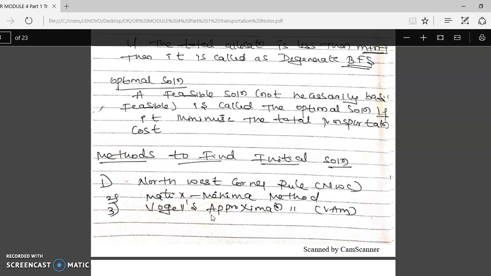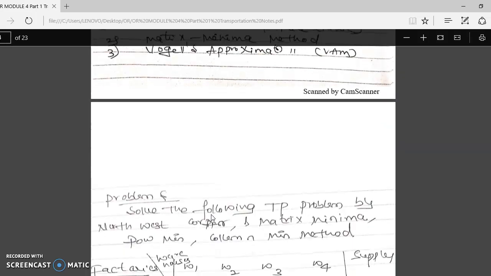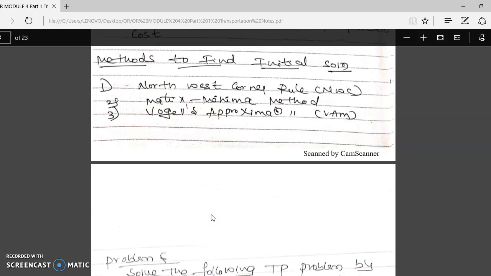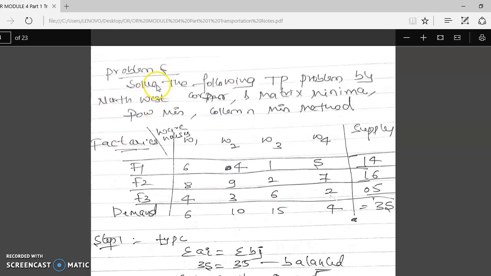If you get it for 10 marks, then obviously it should be the MODI method. That means before applying the MODI method, you have to find the initial solution based on any of these methods given in the exam. So, first problem, here I have mentioned to find initial solution.